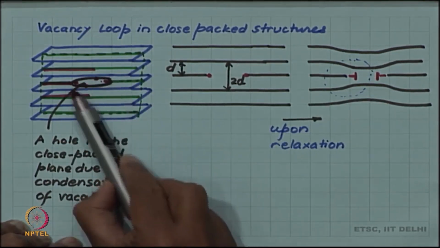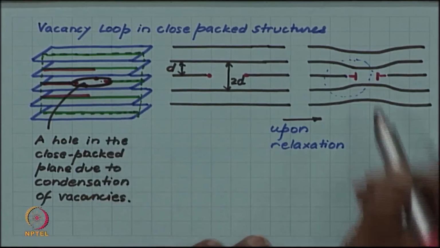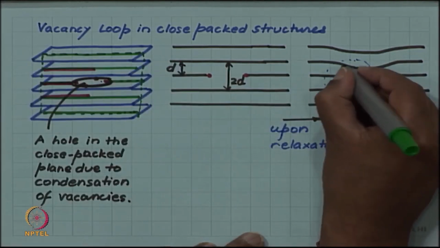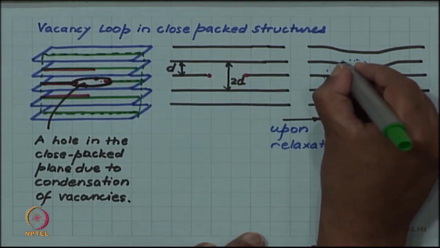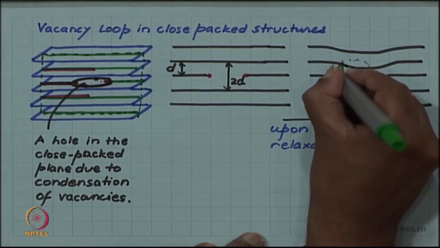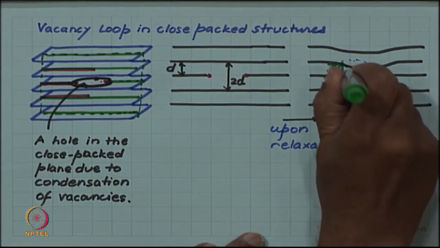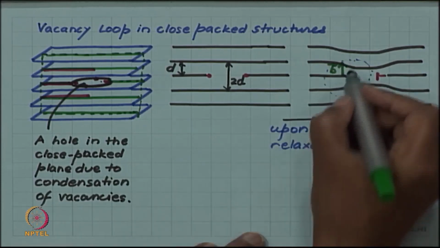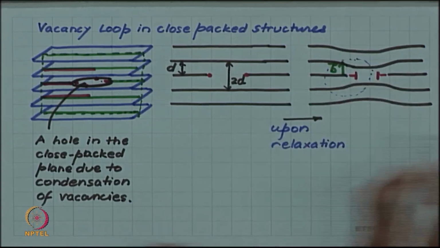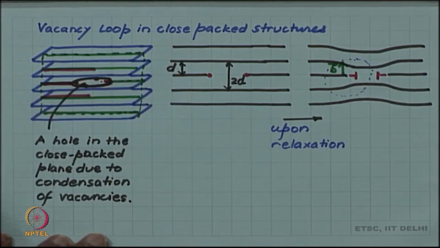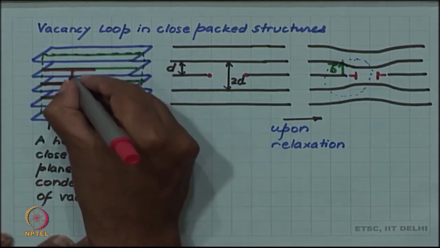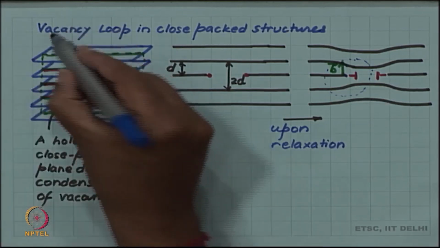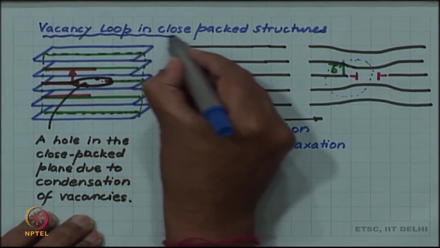So, the entire loop is an edge dislocation, and the Burgers vector of this dislocation line, if you find, will be vertical in this diagram, because the edge dislocation line is going in at this location. So, the Burgers vector will be pointing into the plane and will be going up. So, the Burgers vector here also will be perpendicular.